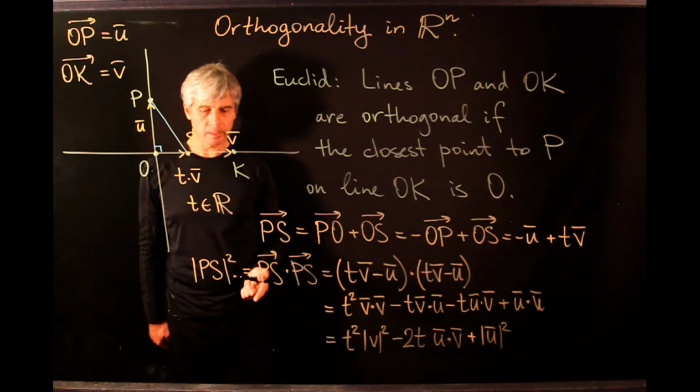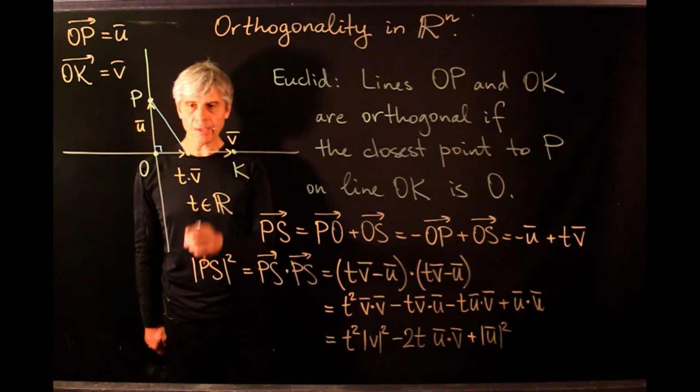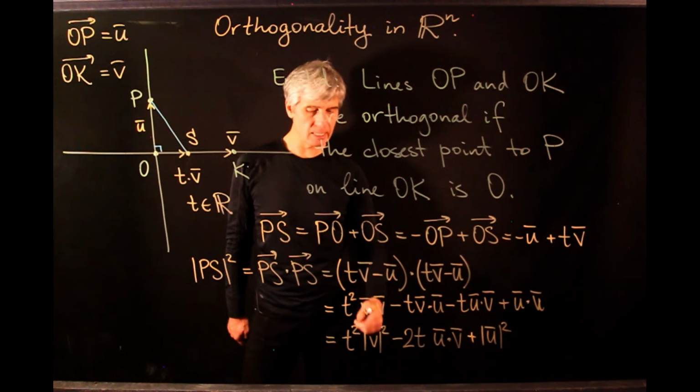So what we obtained is that as T varies over real numbers, the length of the segment PS varies as a quadratic function in T.